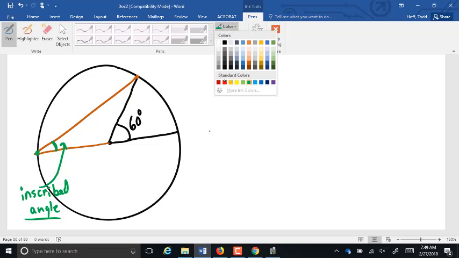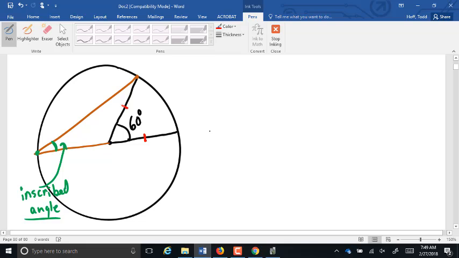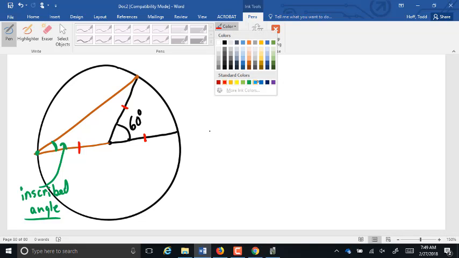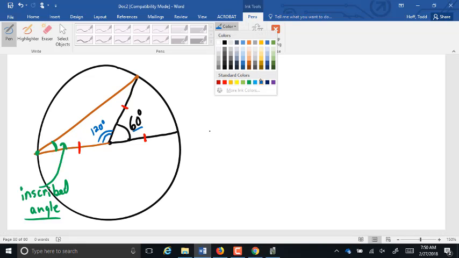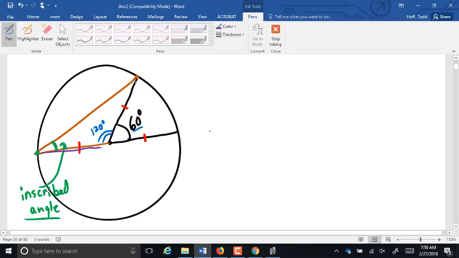What we know here, we know this and this are equal because they're radii, right? This is also equal to them because that's a radius. We know this angle is the supplement of that one. It's 120 degrees, right? Well, if that's 120 degrees, we can find the other two because this is an isosceles triangle, which tells us that these angles must be the same, doesn't it?